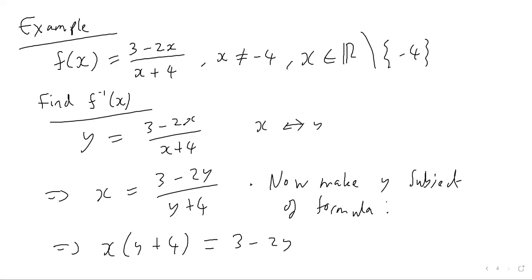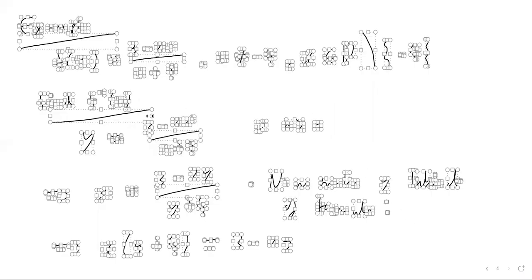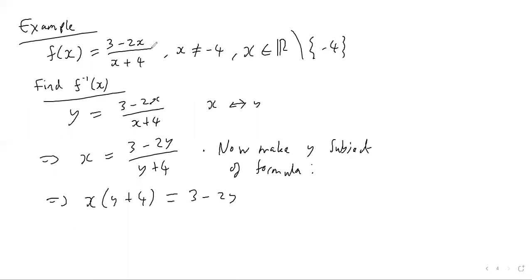I'm just going to make my writing smaller to fit everything on the same page. Then if we expand the brackets, we get xy plus 4x equals 3 minus 2y. We want to make y the subject, so let's get the y's on the same side. So we get 4x equals 3 minus 2y minus xy.